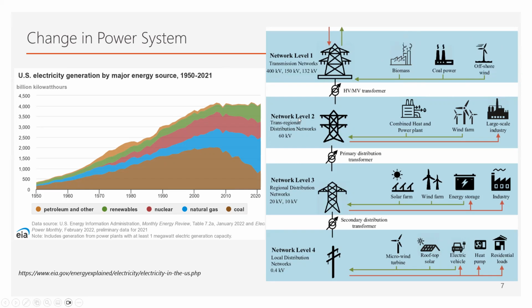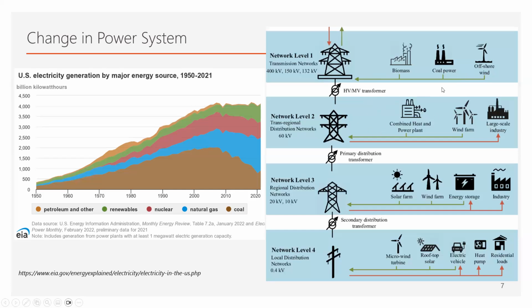In network level 2, the voltage level is 60 kilovolt, and this is called the trans-regional distribution network. So we have combined heat and power plants or combined cycle power plants, wind farms, and large scale industry, which is one of the loads. If you look at the arrows here, from biomass, coal power, or offshore wind, we are getting power and feeding it to the transmission network.